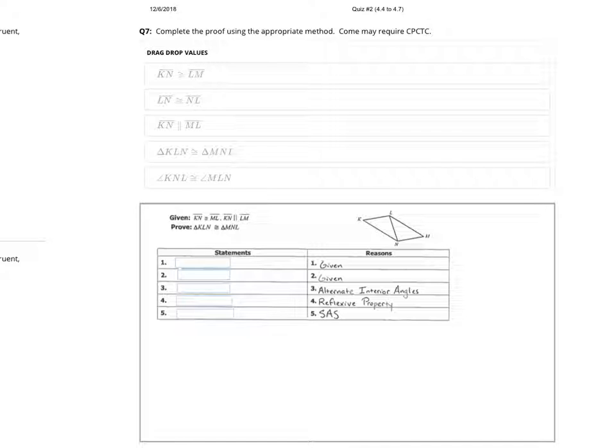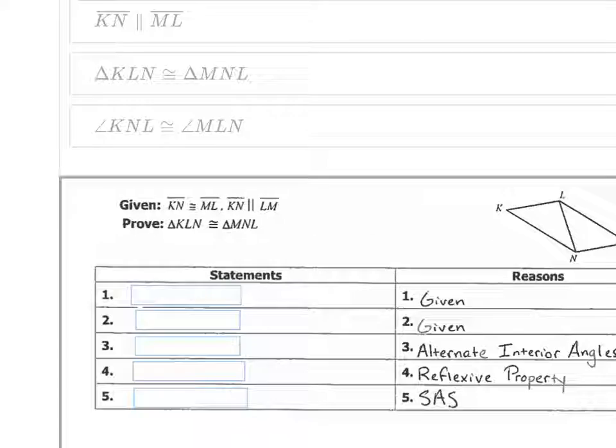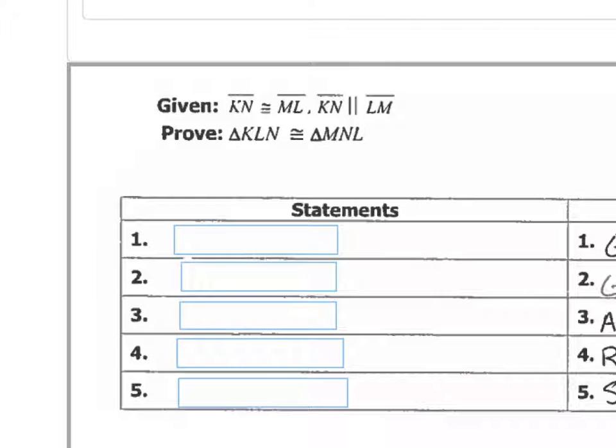Alright, number 7, we're doing another proof. Here, Mr. Houston's giving you all the reasons, so you got to use the statements. Okay, you're going to drag and drop all of these down here. Remember, I'm going to zoom in a little bit here. First, do your givens. There are 2 different givens here. Alright, so that's going to be these 2.